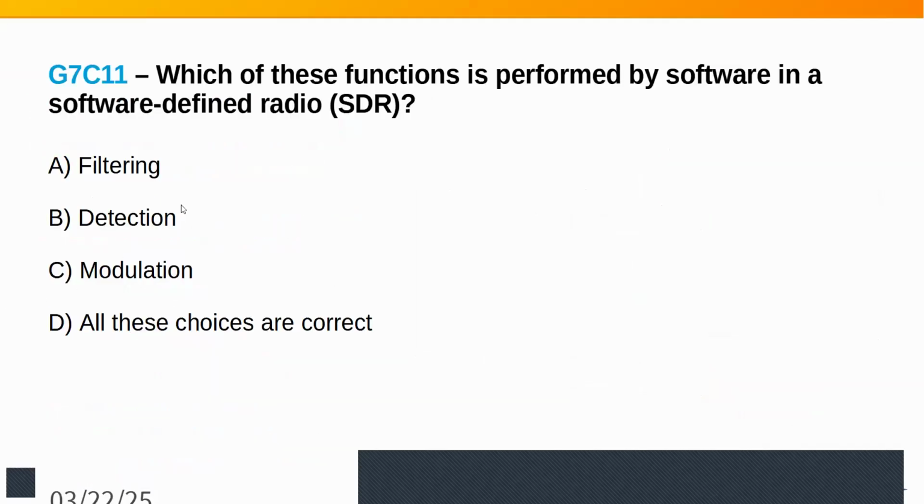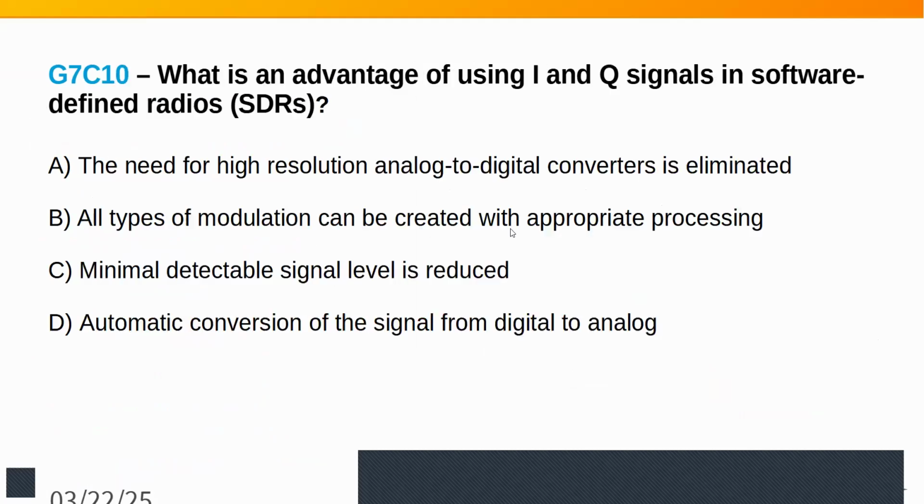Which of these functions is performed by software in a software-defined radio? All of it. What's an advantage of using I and Q signals in a software-defined radio?